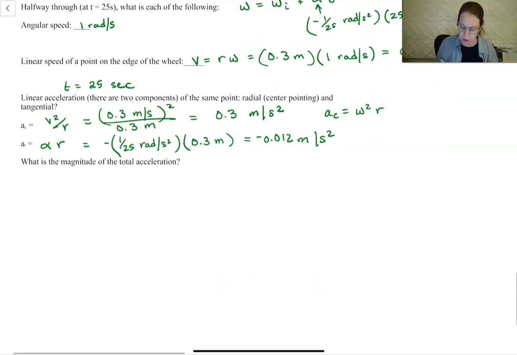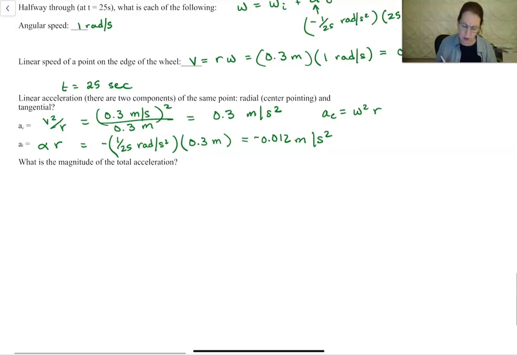So the magnitude of the total acceleration, this is a little odd, is that we would have the centripetal acceleration. Let's see, we draw this. I think it asks you to draw this, so I'm going to draw it again. If the point is right over here, and the particle is going this direction, then the tangential acceleration is going to be this way.